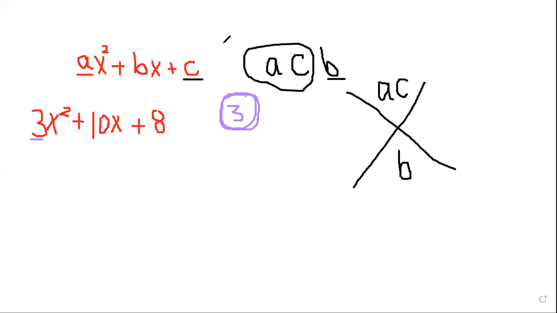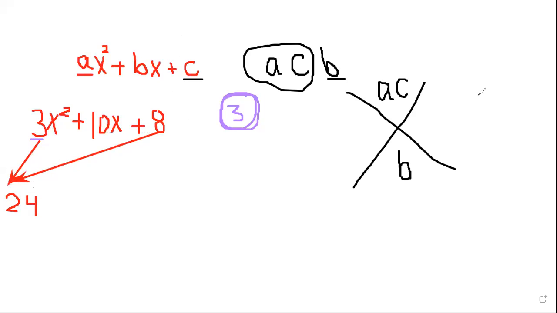How? We will start exactly like we did in the first question. What do you have to do first? You will multiply 3 multiplied by 8. 3 multiplied by 8 equals how many? 24. Right?